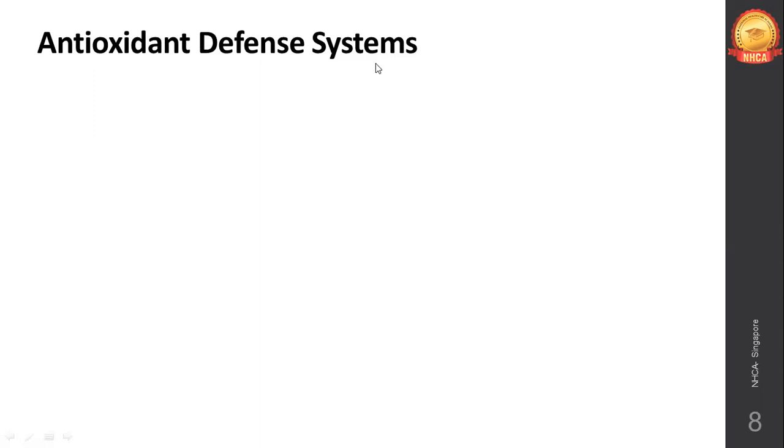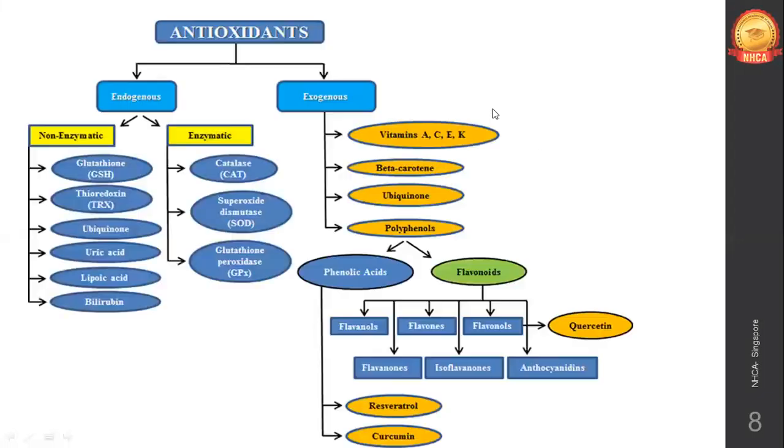So endogenous and exogenous sources. Endogenous sources means how your body on its own produces certain antioxidants which can protect you from free radical damage. So you have certain enzymes and certain non-enzymes. Both have antioxidant capabilities.